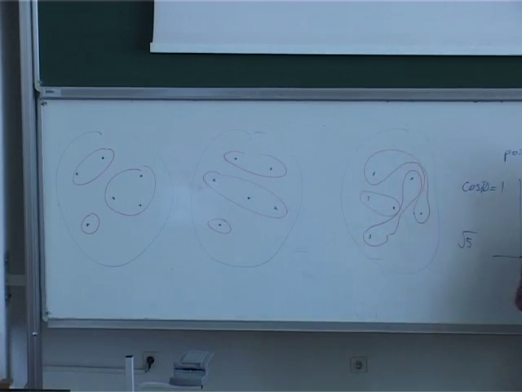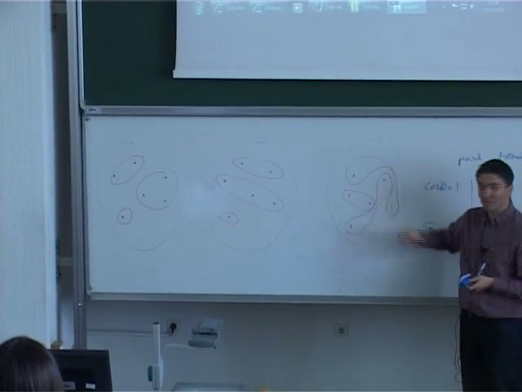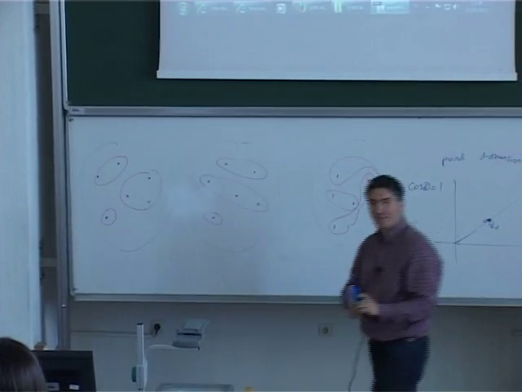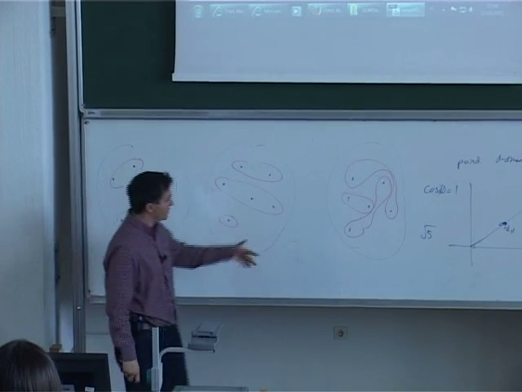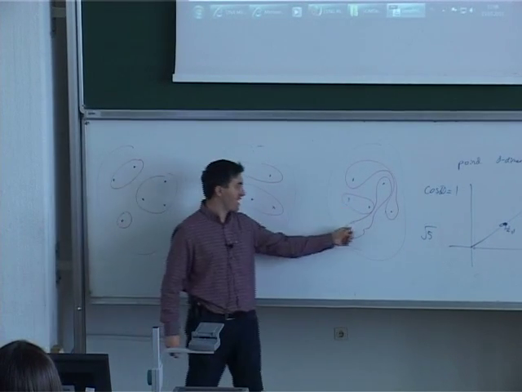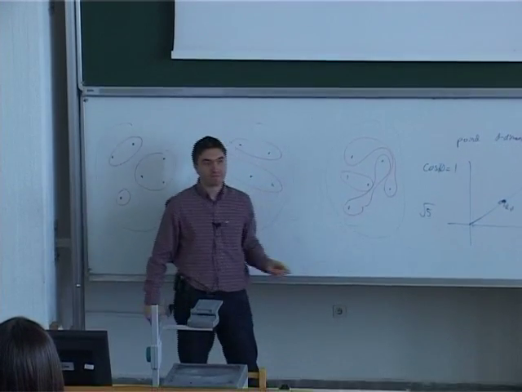Another cluster may be like this. This is also a clustering: putting these two in the same cluster, these two in the same cluster, and these two in the same cluster. In terms of intra-cluster distance, this would perform really badly because we have put faraway points in the same cluster.